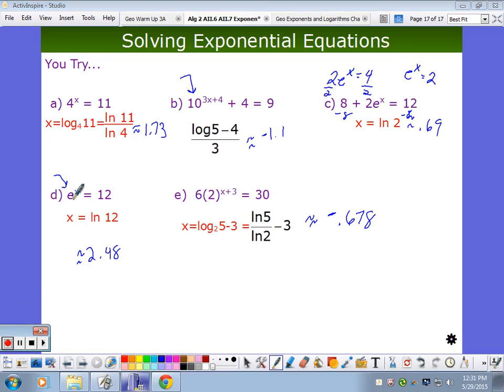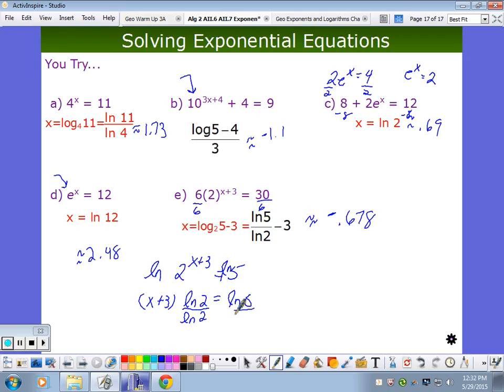This one? Okay, so we have to isolate. So first thing you have to do is divide by the 6. So I'm getting 2 to the x plus 3 equals 5. Okay, I'm going to take the log of both sides. So x plus 3, that kind of grouped together, times ln 2 equals ln 5. I'm going to divide by this number.